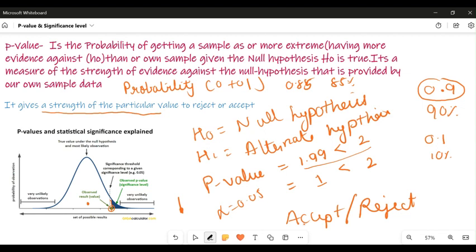So is there enough evidence to accept the null hypothesis? Whether it is the strength of accepting the null hypothesis or rejecting it, we can find through this p value.